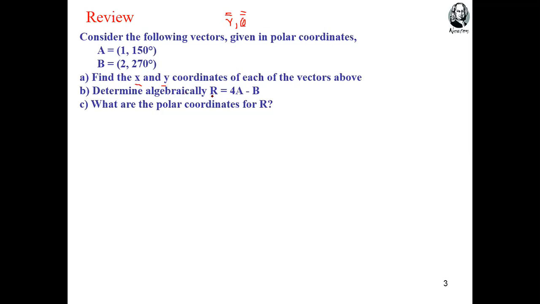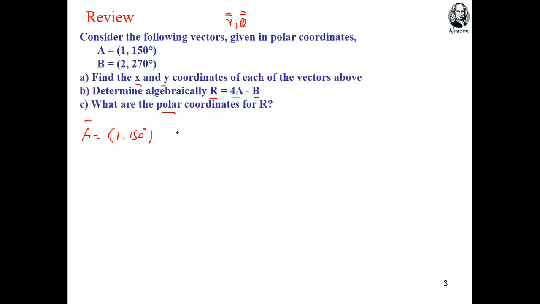Second, we want to find the resultant R equal to 4A minus B. Then we need to find the polar coordinates for the resultant vector. So how can we solve? First of all, we have A vector equal to 1 and 150. 1 is the magnitude, length or size of the vector, and 150 is the angle with the x-axis.